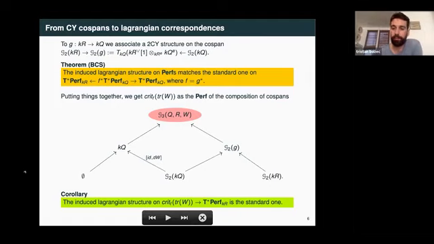The composition is just going to be the push out, which defines what I call here G3 of Q, R, W. I'm forgetting about g here, but as I said earlier, I'm just going to consider nested quivers, and g will just be an inclusion.